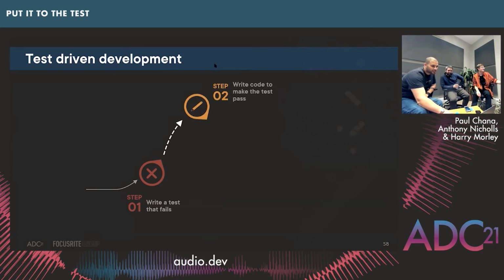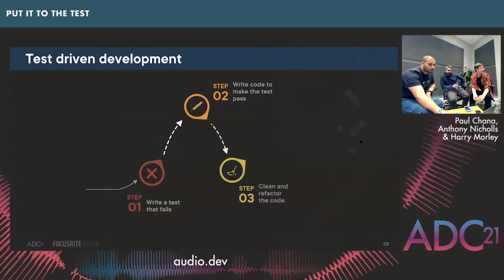So step one is you need to write a test of some description. Notice you've written no implementation code here yet. So then you want to write some code that works. And the key thing here is that you need to write the minimum amount of code to make that test pass.